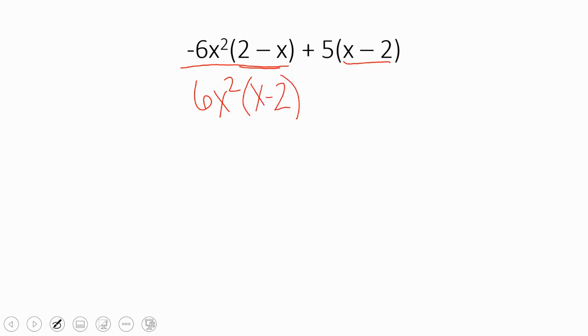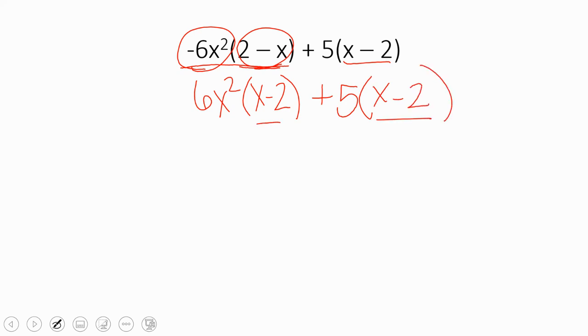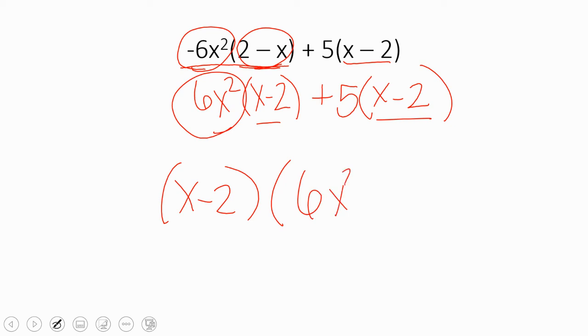You always have to change the opposite of this and the opposite of this. This one stays the same. Okay. And now, x minus 2 and 6x squared plus 5.